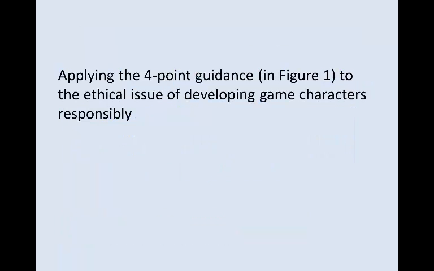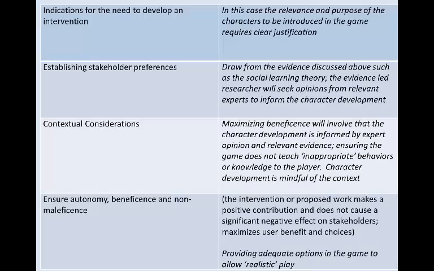In the next slide, we are going to consider the 4-point guidance to developing game characters responsibly. So the indication for the need to develop an intervention, in this case, becomes the relevance and purpose of the characters to be introduced into the game. This requires clear justification.